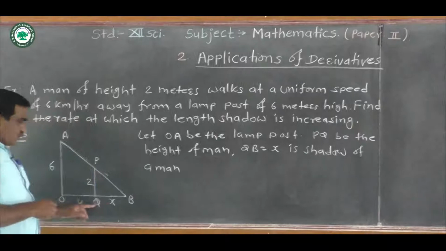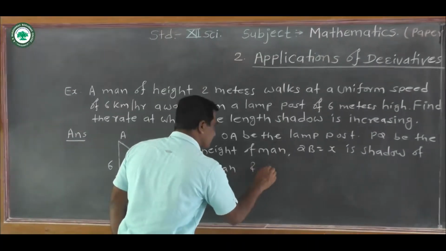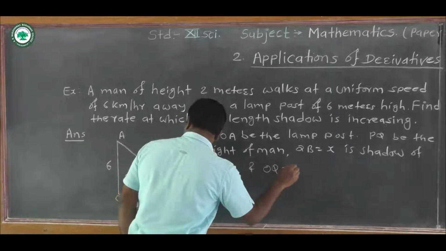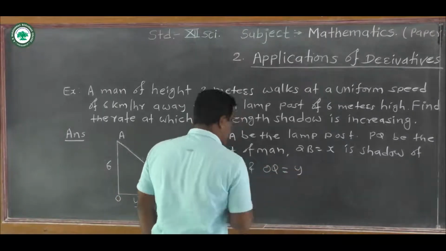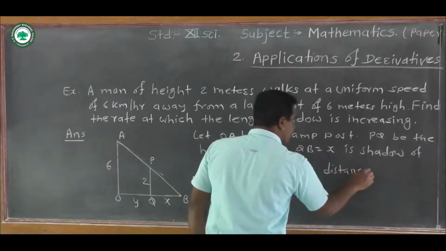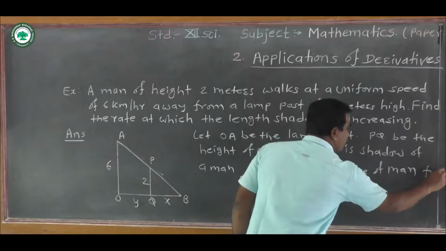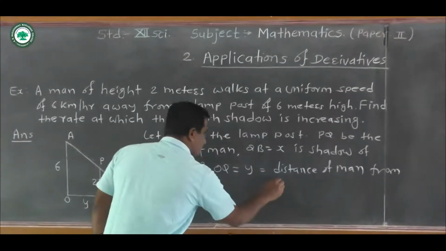This distance OQ is equal to y, the distance of the man from the lamp post.